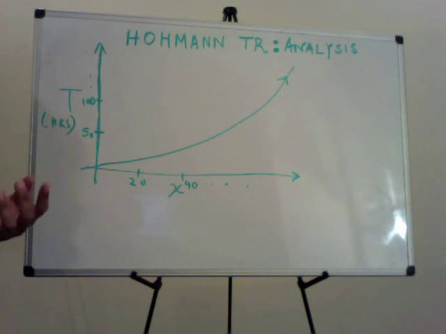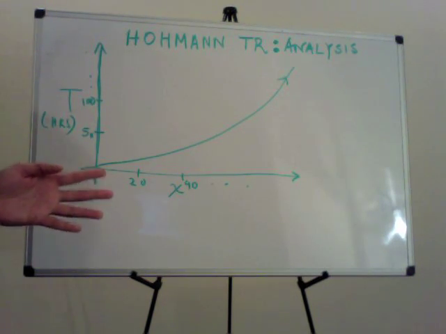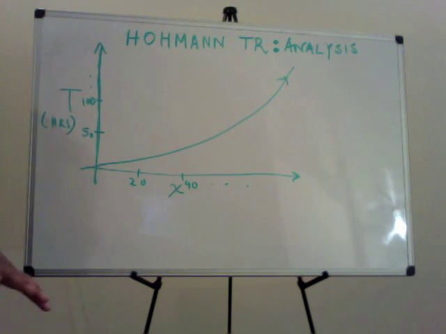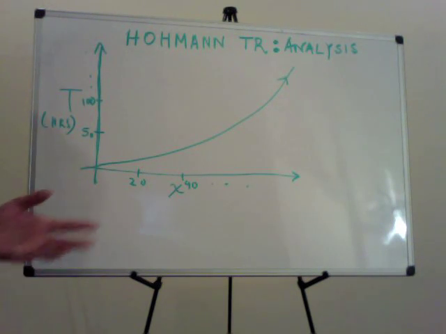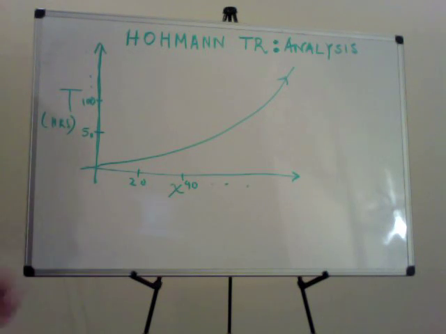Remember that the transfer time is equal to half the period of the transfer ellipse. The period of the transfer ellipse depends on its semi-major axis from Kepler's third law. The semi-major axis, for a fixed initial radius, depends on the radius of the final orbit.